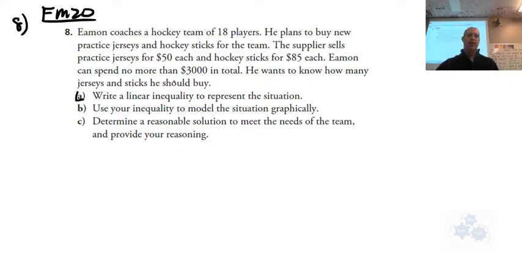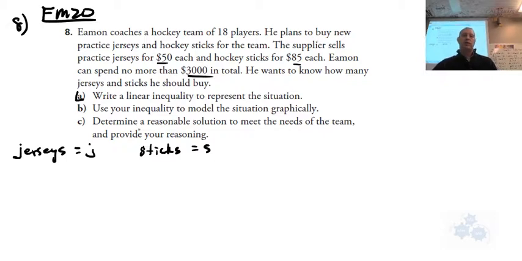So a linear inequality. So we've got two variables. Let's define the variables here first. So let's say that jerseys are going to be J. Okay, and sticks, let's make those S. And so here's the money total, and here's the price for each.